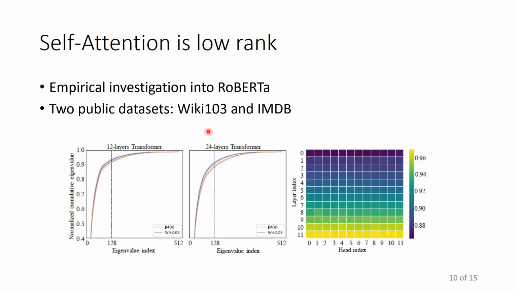So they calculate the eigenvalues of that matrix P I showed, and they experience a really interesting result. As you can see here, at the eigenvalue index of 128, there's sort of a kink, right? And as you can see on the right side, as we go deeper into the layers, as the layer index is increasing, the values are higher.